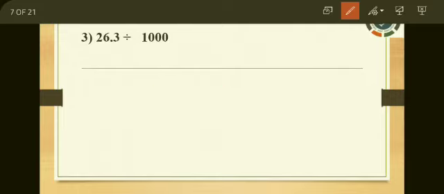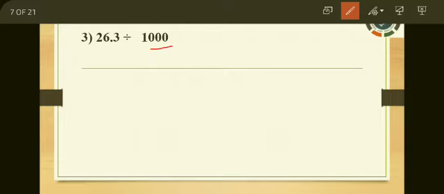Another example, 26.3 divided by 1000. On dividing a decimal by 1000, the decimal point is shifted to the left by 3 places. Now look at the question, 26.3 divided by 1000. 1000, how many zeros are there? 3 zeros. So the decimal point shifts 3 places to the left. Here on the left side there are only 2 digits.